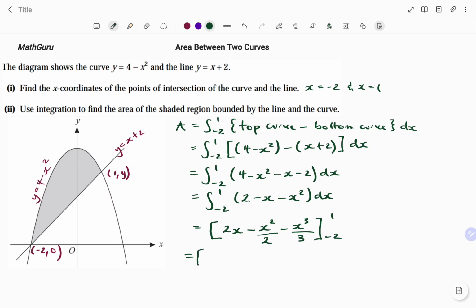Putting in the value of 1, I have 2 times 1 minus 1 squared over 2 minus 1 cubed over 3, minus the lower boundary, that's -2. So I have 2 times -2 minus -2 squared over 2. Every occurrence of x, I replace it with -2. Then I have minus -2 all cubed over 3, close bracket.